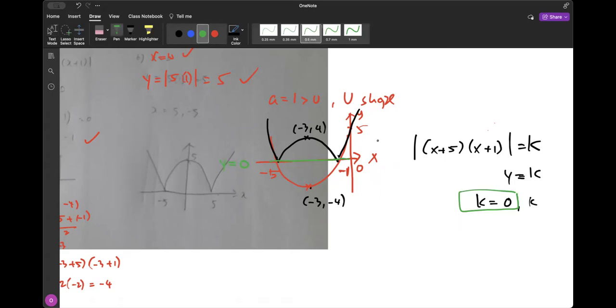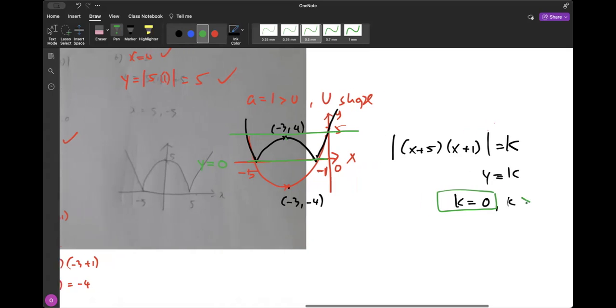Okay, any other point that you have two intersection points? It means the line has to be here, right? Is it correct? How do you name this line? It's above this line, right? So the k is more than what value? 4 is correct. K is more than 4. Okay, the second value you have to write is k more than 4. There are two solutions here. Either this or this.